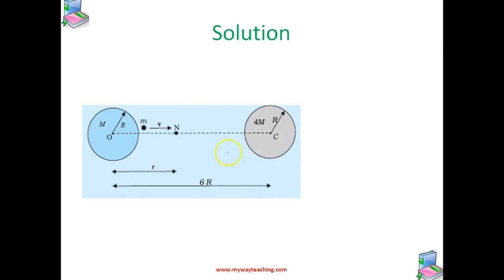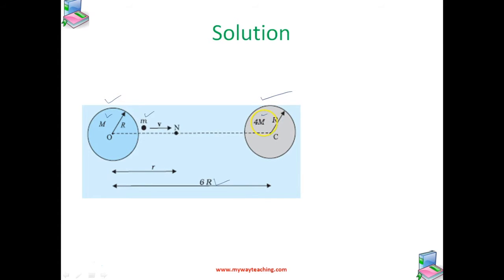So two uniform solid spheres of radii r. Here are the two spheres, one having the mass m and another having the mass 4m. They have a center to center separation given by 6r. The two spheres are held fixed. A projectile of mass m is projected from the surface of the sphere of mass m towards the center of the second sphere.